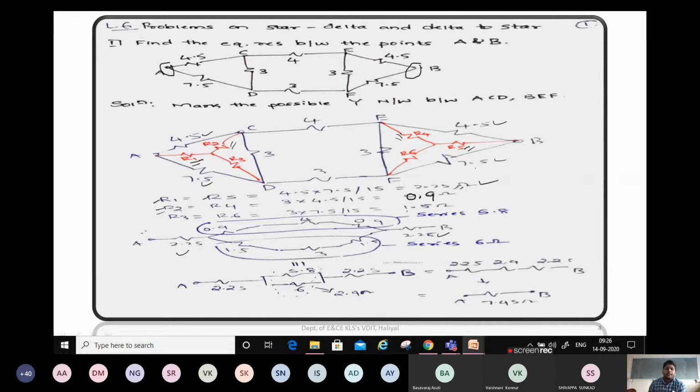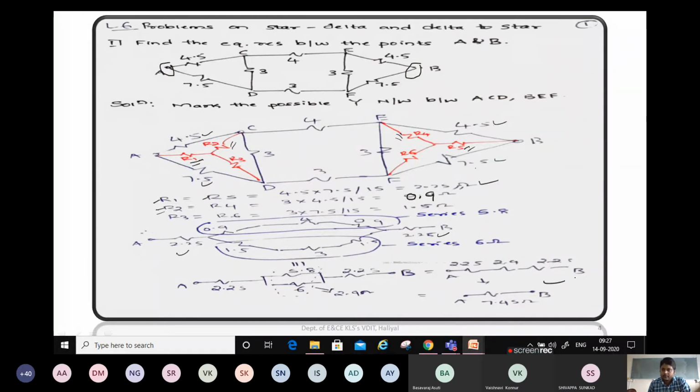Similarly for R3 and R6. If you calculate and come out with the new circuit, you can see 2.25, then 0.9 and 1.5. These three are in series and their combination is in parallel. If you check that, we get an equivalent of 7.45 ohms. Is that clear? If anybody has any question, you may ask.